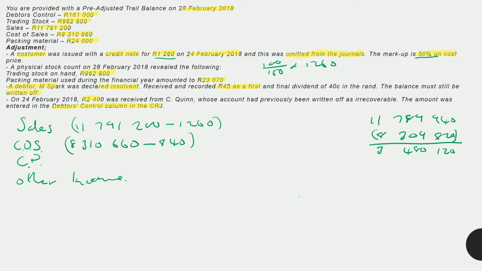I'll just do the one that we have here. You see we have this one here, trading stock. Trading stock according to the stock count is 962,800, but according to the books it's 962,600. So there is what we call a trading stock surplus.